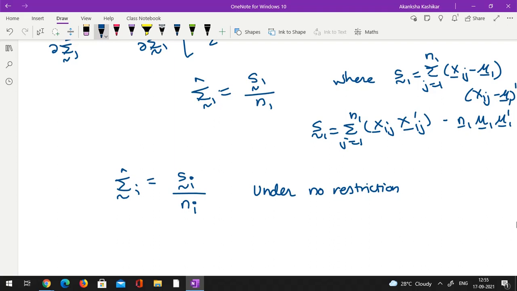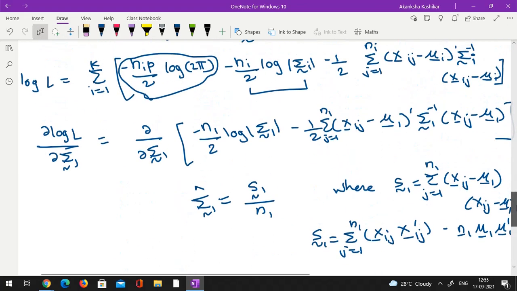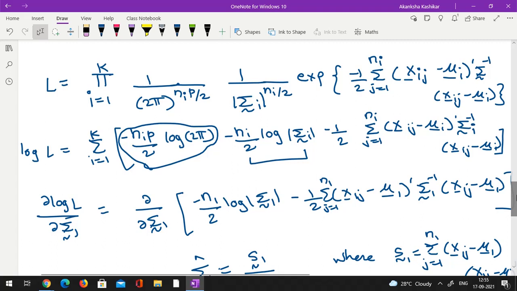Whereas now when I go to H0, what is the change that is going to occur? When I try to find something under H0, instead of sigma 1, now I would have sigma. Okay, so let me write down the log likelihood under H0. So this portion, can I just copy and edit? I don't know. Let me write again.